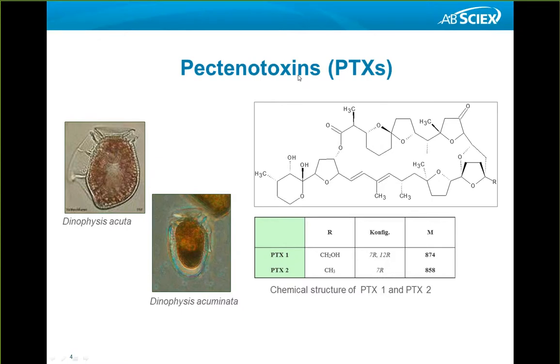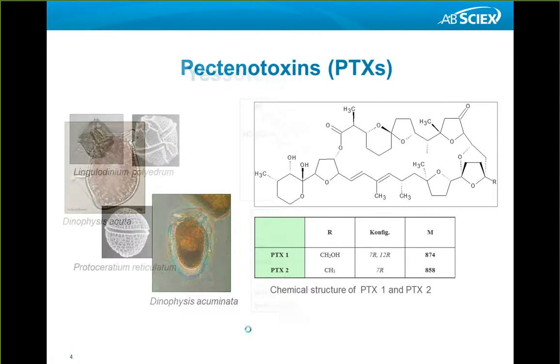On this side, we see the pectenotoxins, also belonging into the field of the lipophilic toxins. Maybe even the same organism is producing those toxins, and we are speaking about, for example, PTX1, PTX2, and you can see already from this configuration that the list can be extended. That means we have to be always open for substances with similar structure and maybe similar or even different toxicity.